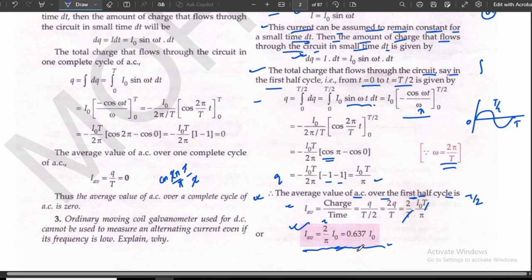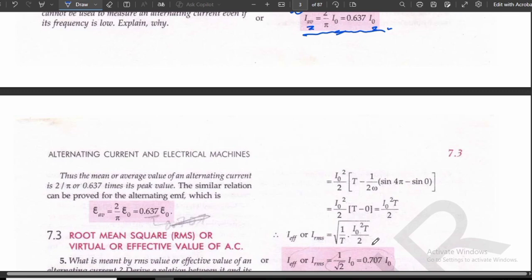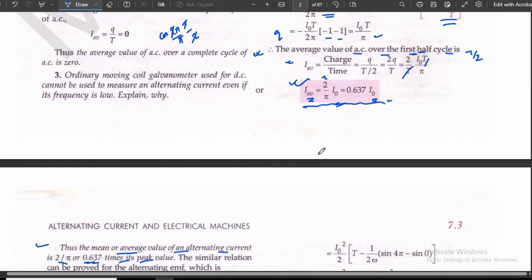This is the relation between the average value and the peak value. So this means that the average value of an alternating current is 2 by pi, or 0.637, times its peak value.